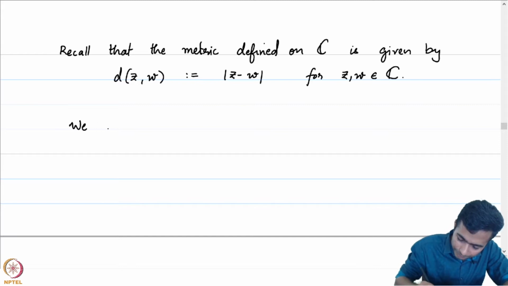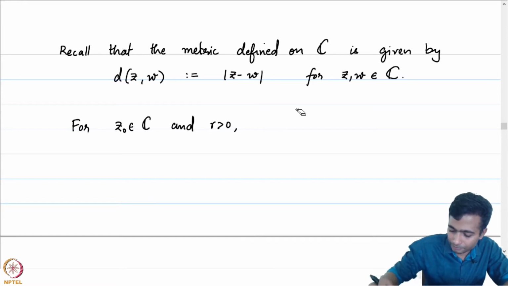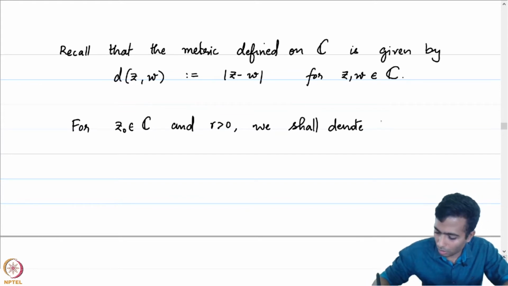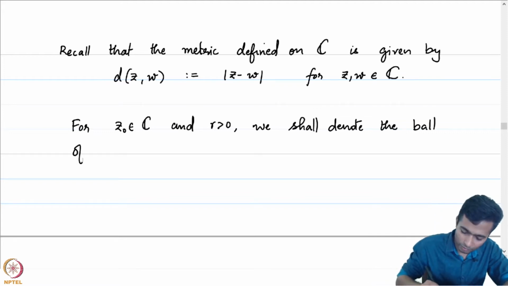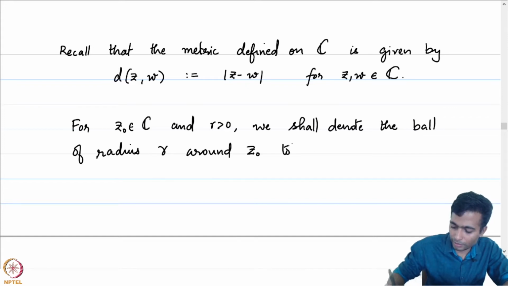For a point z0 in C and R positive, we shall denote the ball of radius R around z0 to be D(z0, R).